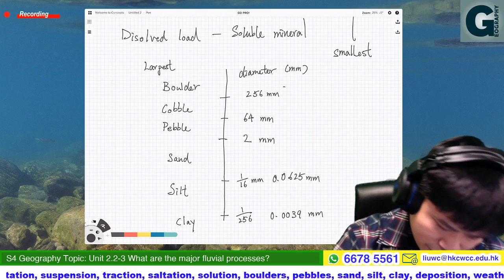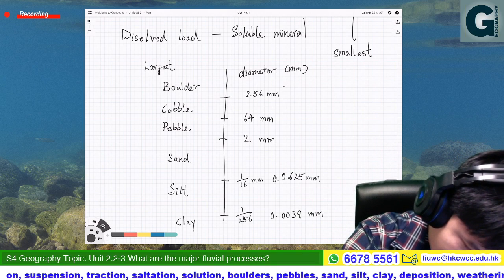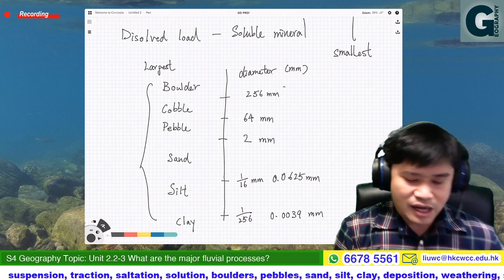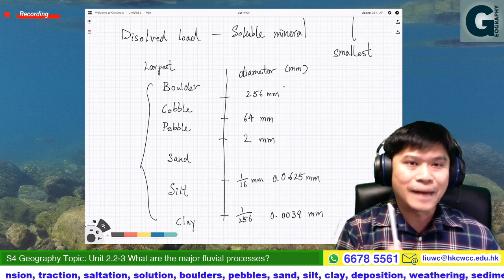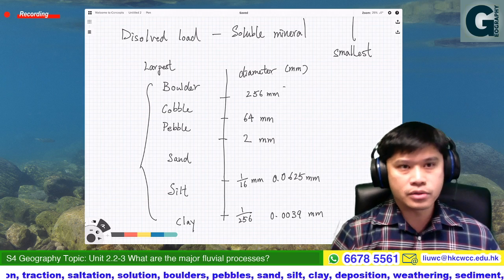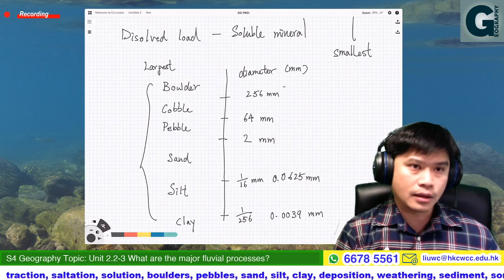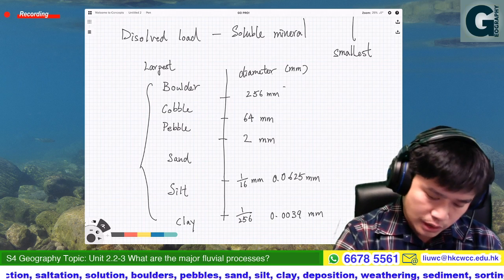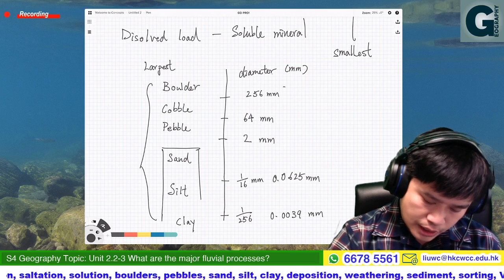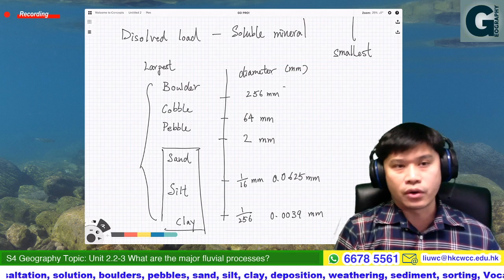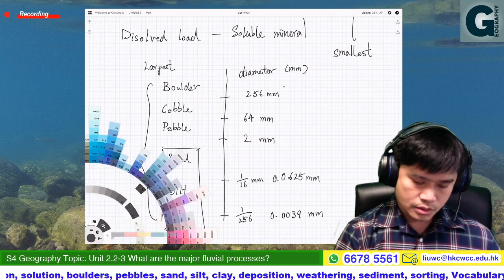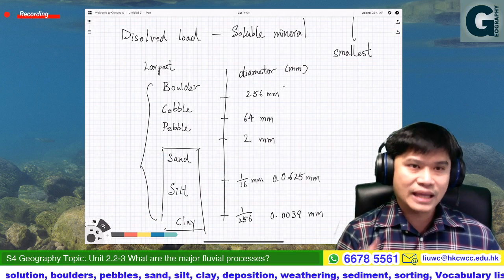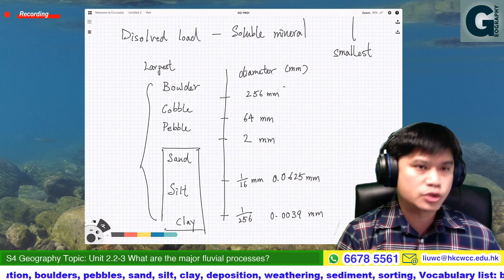So for the size from the largest to the smallest, remember you must know the ranking. Especially when we mention sand, silt, or clay, you should know that sand is the largest, and clay is the finest, the smallest.